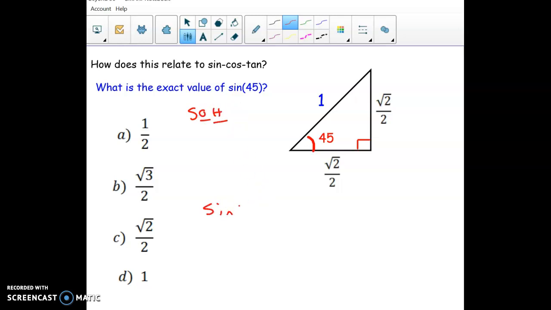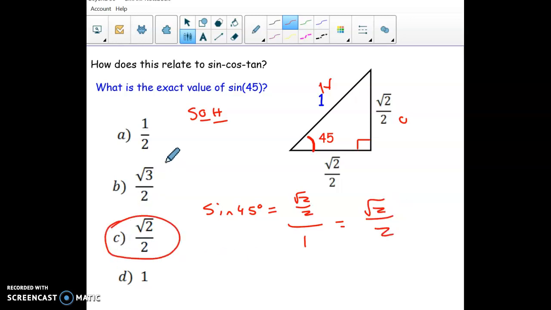So the sine of 45 is opposite. So here's our opposite, here's our hypotenuse. So it would be root 2 over 2 divided by 1. And when you divide anything by 1, that really doesn't do anything, so you just get square root of 2 over 2. So the sine for 45 is root 2 over 2.